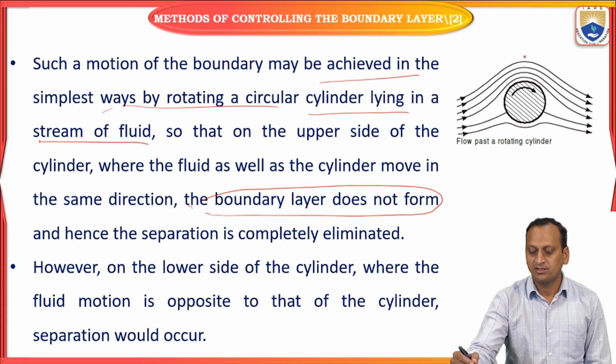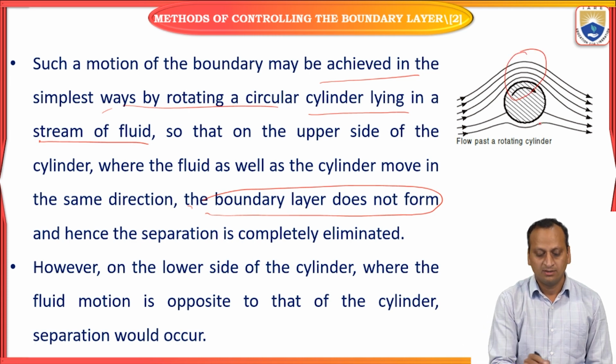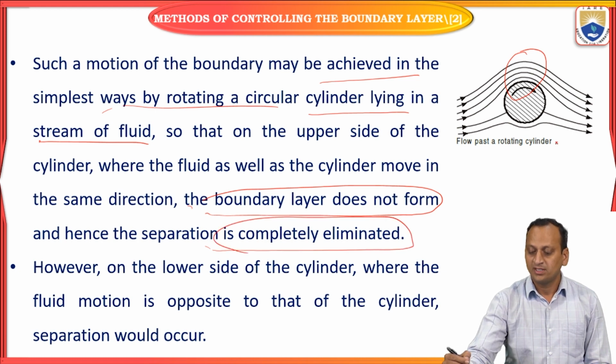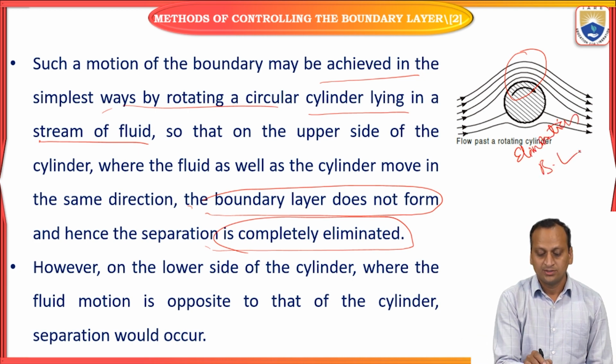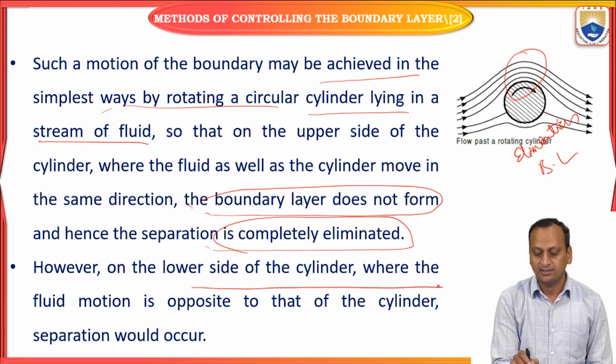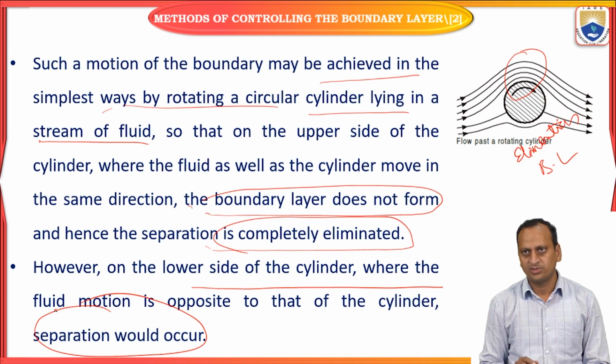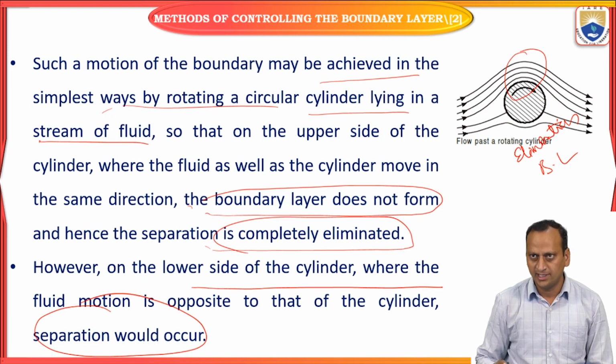There is no formation of boundary layer, and hence separation is completely eliminated. This is one of the techniques. But on the lower side of the cylinder, in the other direction, separation is going to occur.